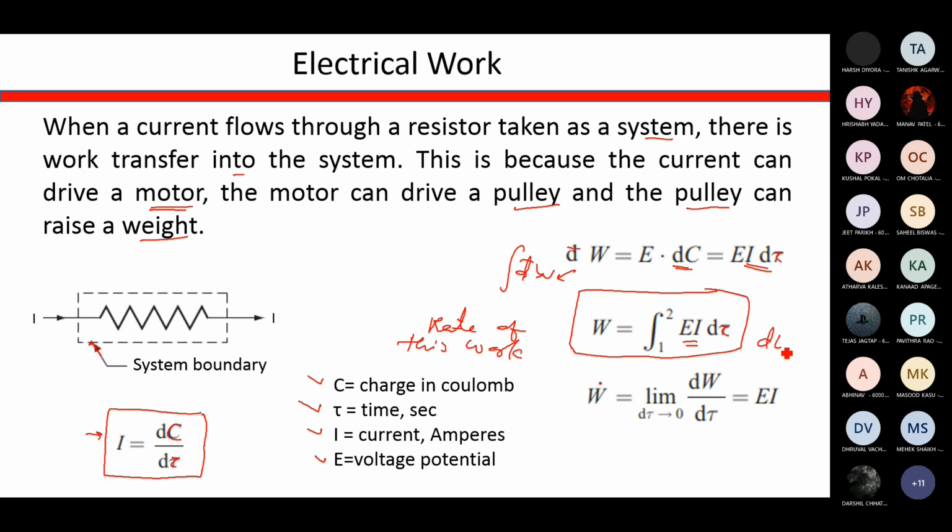So I'll be dividing it by d tau. So this d tau will get cancelled out, and this is how you get that the rate of doing the electrical work is the product of this voltage into the current flowing through the system. Clear? Electrical work and the rate of doing the electrical work.